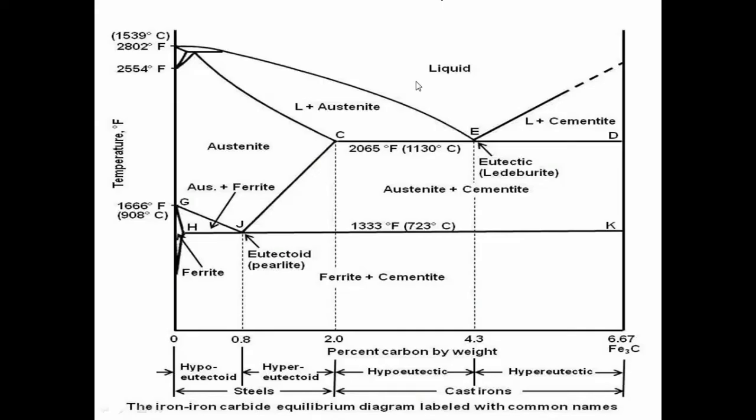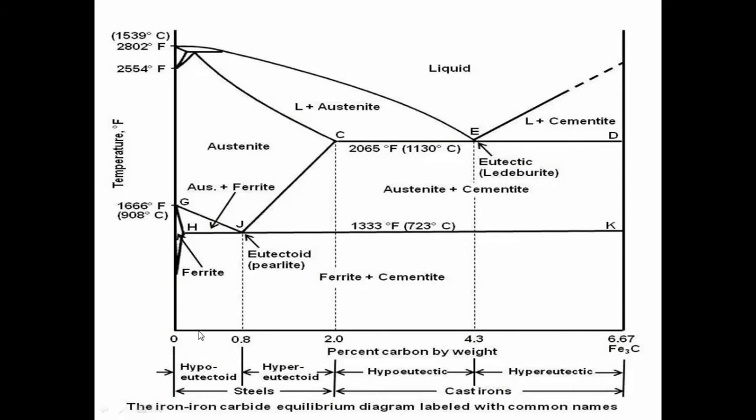Okay, let us now discuss the types of materials which we use in a refinery. Before I start the discussion about these materials, let us first briefly go through this iron carbon phase diagram, which we use in the steel manufacturing process.